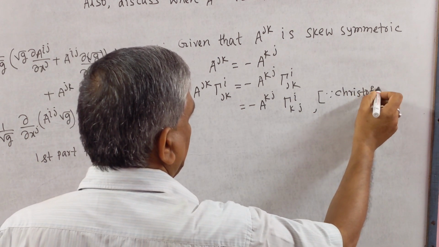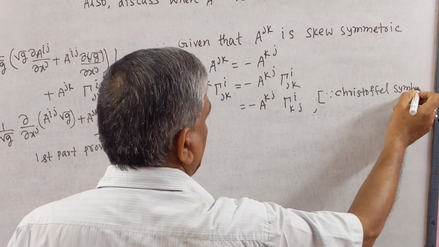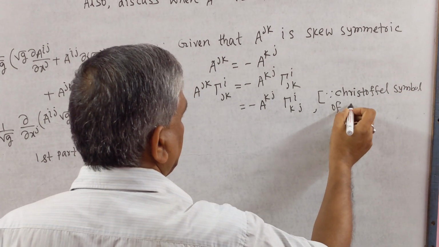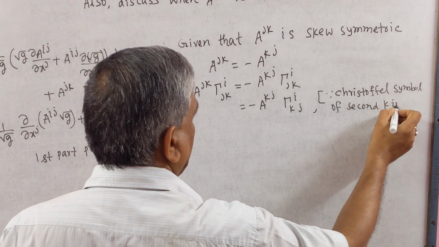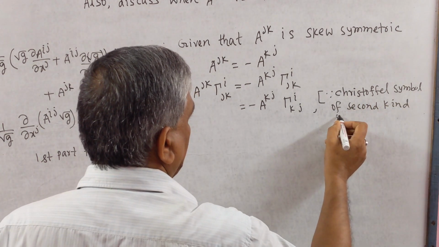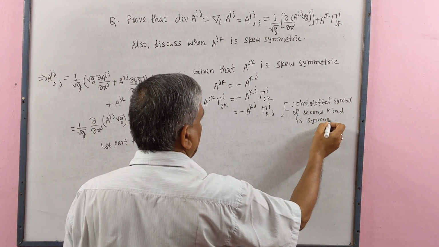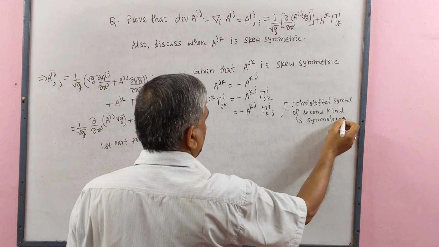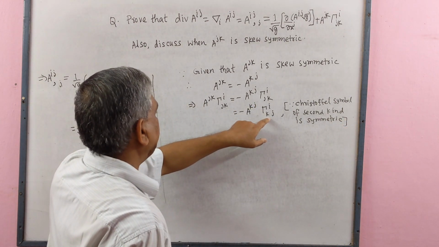The Christoffel symbol of the second kind is symmetric. So here we have jk, here we have kj.